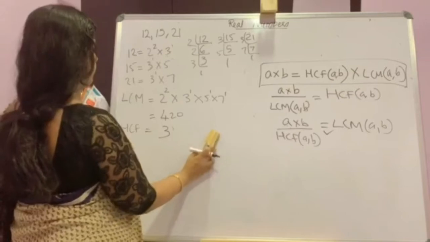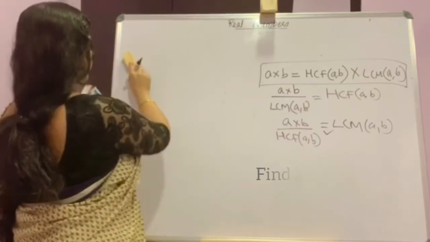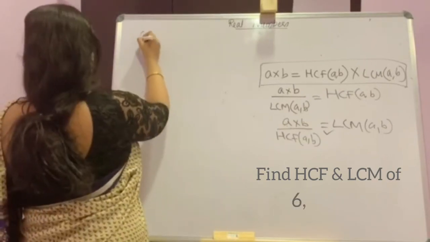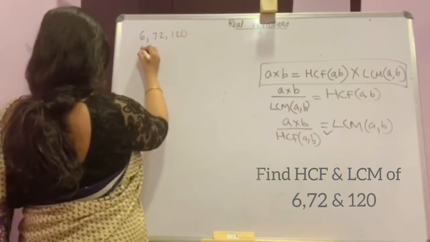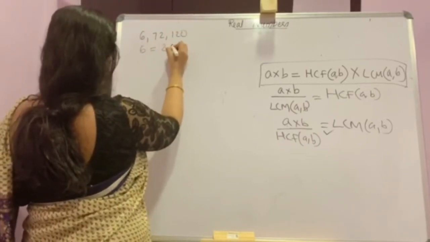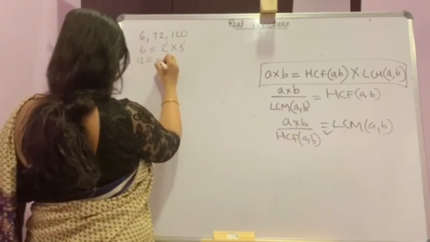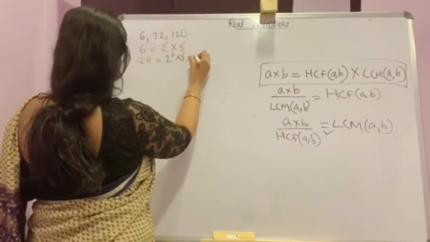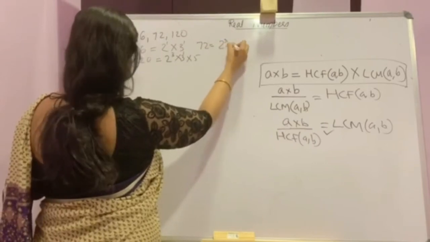Now next, find HCF and LCM of 6, 72 and 120. 6 when we factorize we get 2 into 3. 120 we get 2 cube into 3 raised to 1 into 5. 72 we get 2 cube into 3 square.